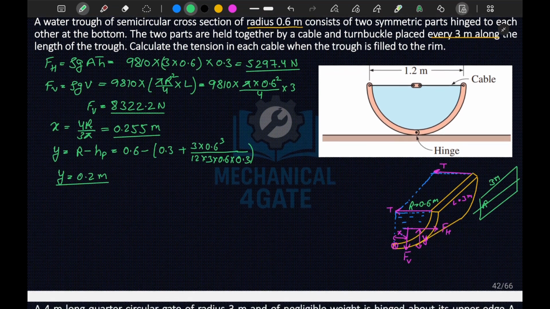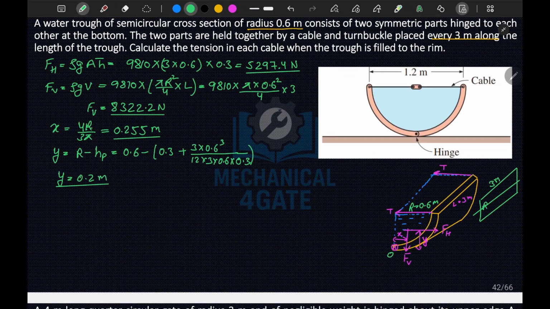Now if I want to apply equilibrium, if I say that moment about O should be equal to 0, so from here what can we write? We can write that 2T times radius r is equal to FH times y plus FV times x.